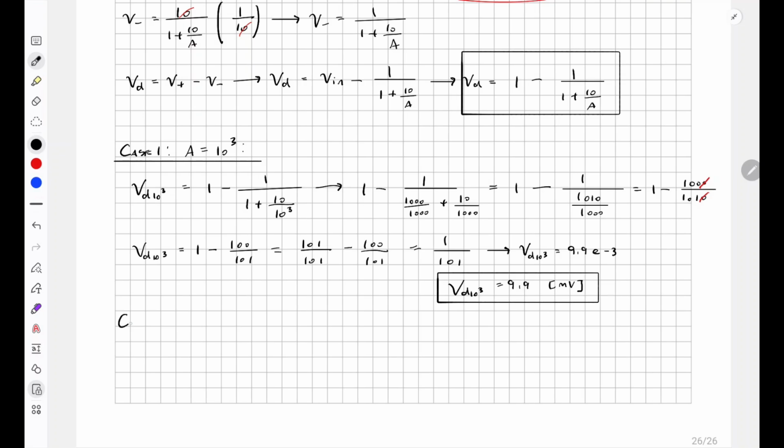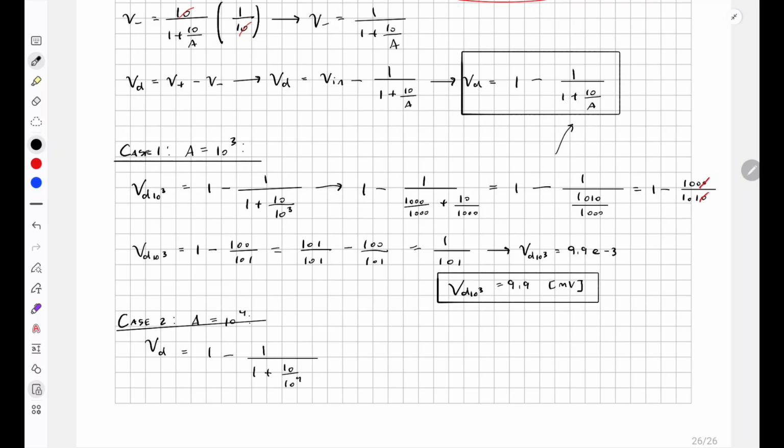Okay, likewise, we repeat the problem for case 2, which is when open loop gain A is 10 to the fourth. So we plug in this. So 1 minus 1 divided by 1 plus 10 divided by 10 to the fourth.